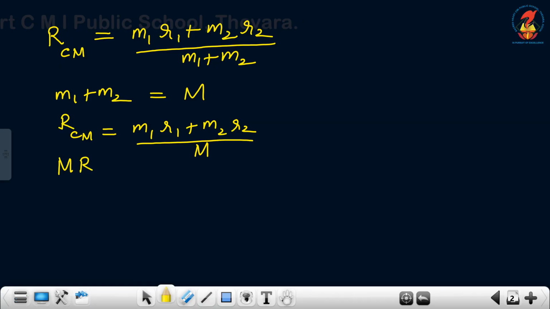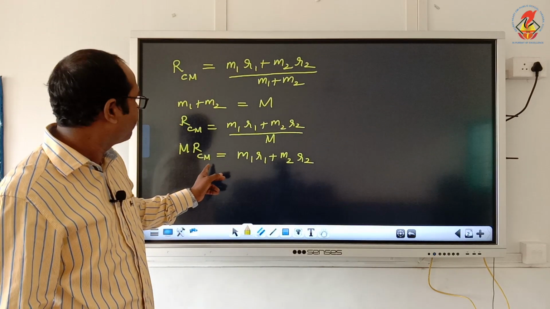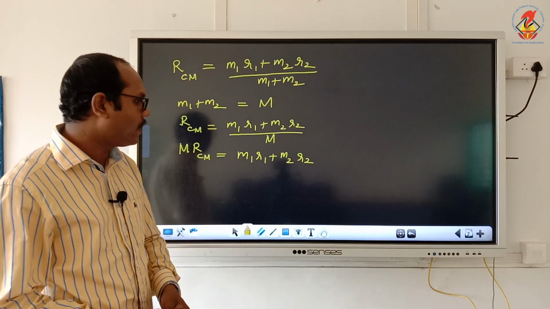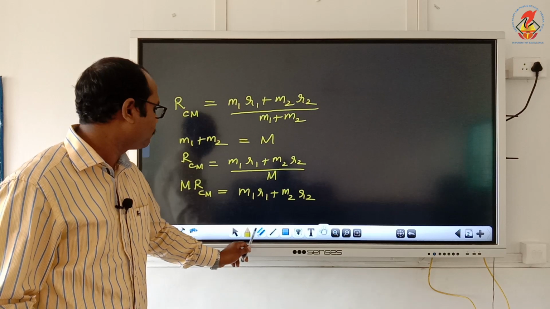So, M into RCm is equal to m1 r1 plus m2 r2. So, this is the position vector of the center of mass. Now, we are going to find the velocity of the center of mass.